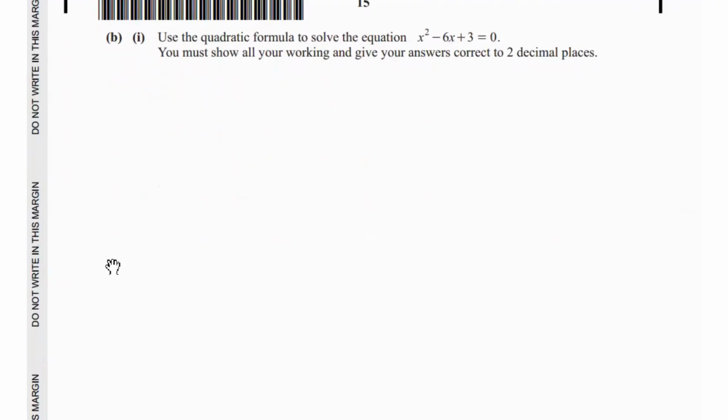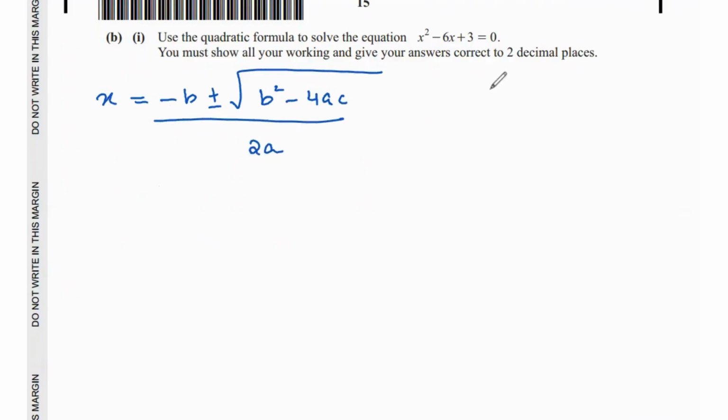Then use the quadratic formula to solve the equation x squared minus 6x plus 3 equals 0. Quadratic formula is x equals negative b plus minus root of b squared minus 4ac over 2a. A is the coefficient of x squared, which is 1 in this case. B is the coefficient of x, which is negative 6, and c is your constant, which is 3. So we substitute these values in the equation and solve it for x.